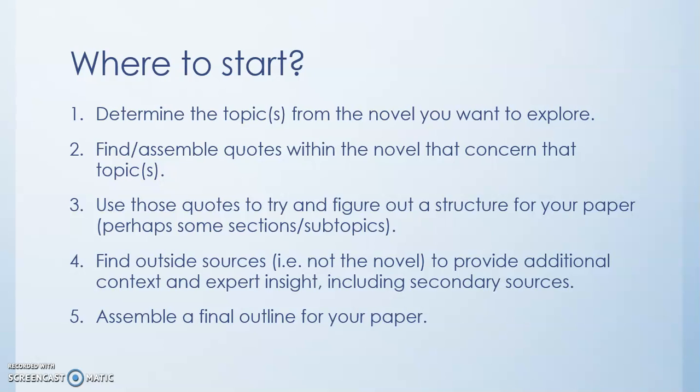This is whatever scholarly work you want to get into. All of those things, and however you're approaching your specific paper, are going to illuminate various aspects of the things that you've discussed through your quotes that you found in the novel. Once you have all that information in front of you, this will be a few weeks down the line from where we're at now. You can sort of figure out the final structure for your paper, and you will be ready to draft.